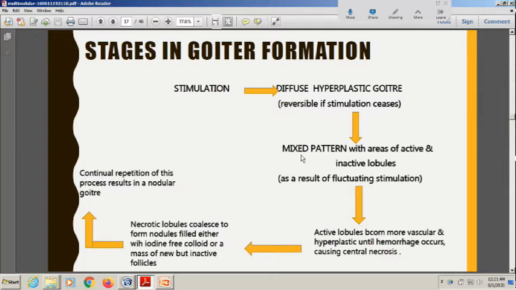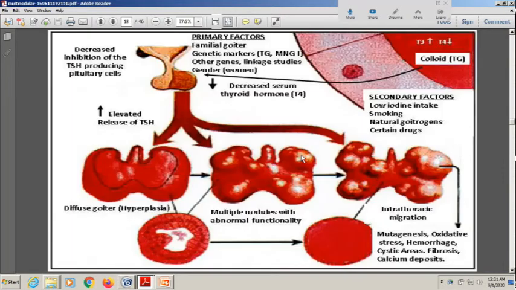Now the same thing in a diagrammatic representation. You can easily see that the decreased level of T3 T4 tells the hypothalamus, and the hypothalamus tells the anterior pituitary. Because of the low T3 T4, the anterior pituitary releases TSH. Now you can see in the first diagram, because of continued release of TSH, the whole thyroid gland becomes hyperplastic. This is the initial reversible stage, in which the whole gland is enlarged.